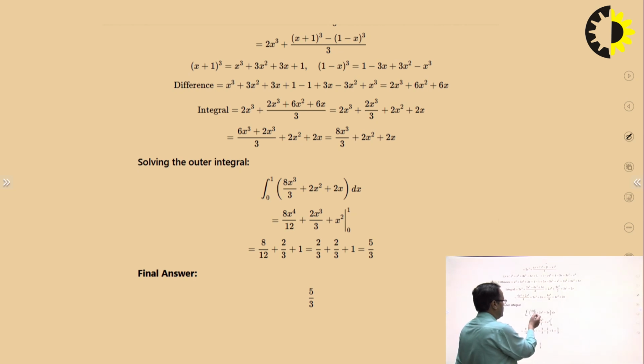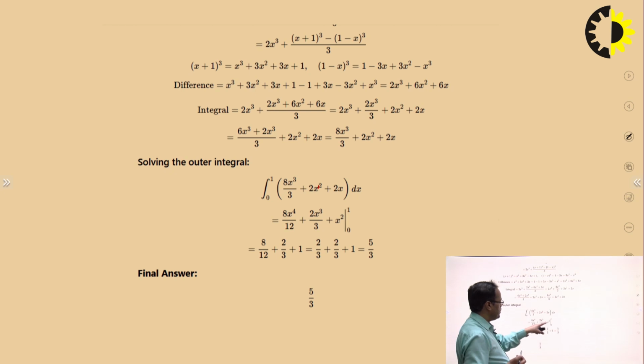Integration of x cube is x power 4 by 4, so 8 by 3 times x power 4 by 4 means 8x power 4 by 12, plus 2x cube by 3, plus 2x square by 2, where the 2s cancel, with limit 0 to 1.